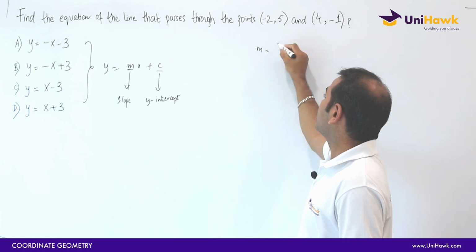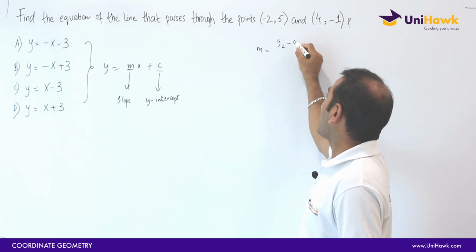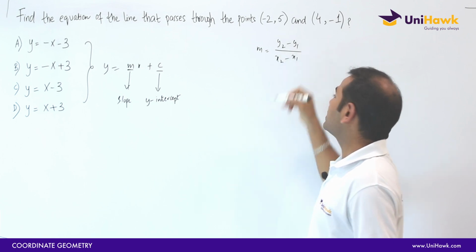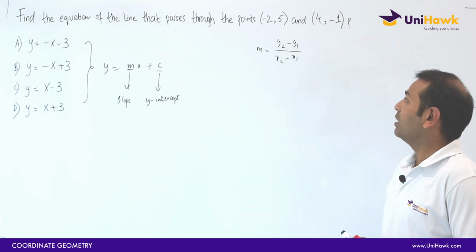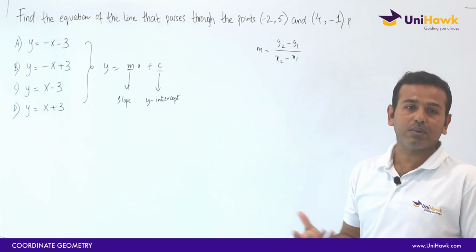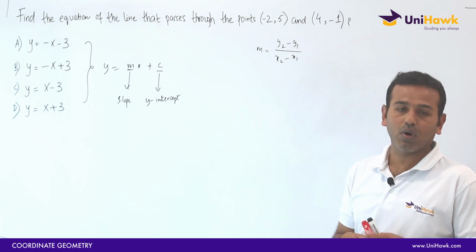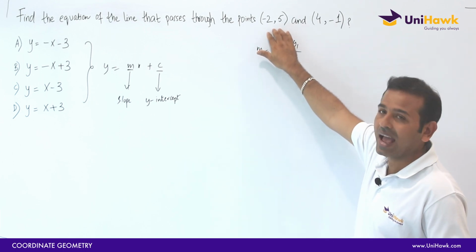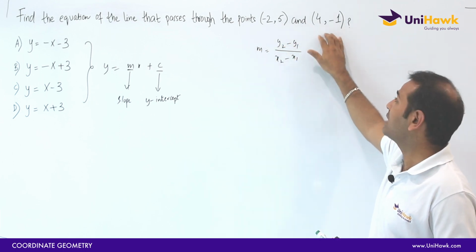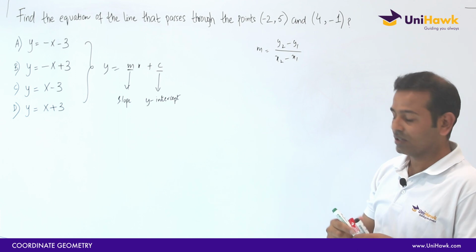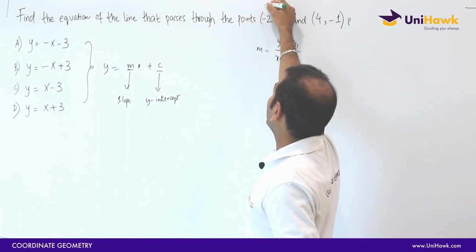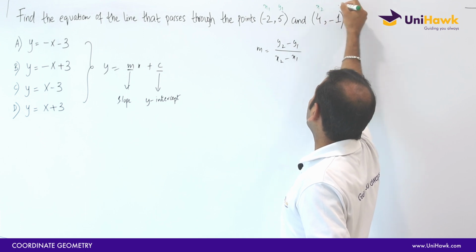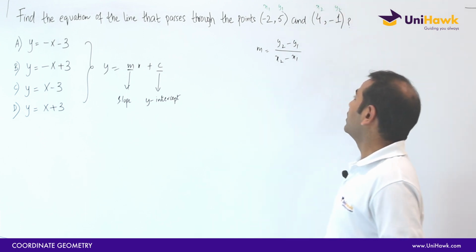M equals y2 minus y1 over x2 minus x1, right? So here we need to understand which point is representing x1, y1 and which point is representing x2, y2. You can start anywhere. If you consider this as x1, y1, you can take this as x2, y2, or you can interchange. So let's say this is x1, this is y1, this is x2, this is y2. Let me substitute.